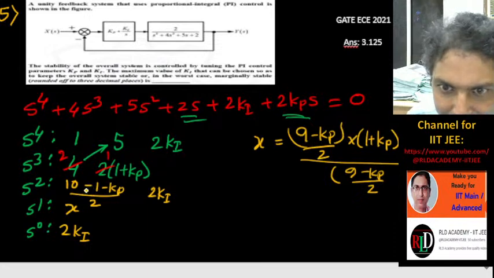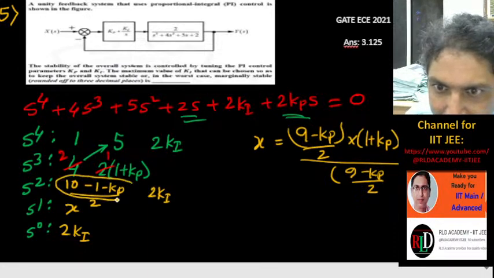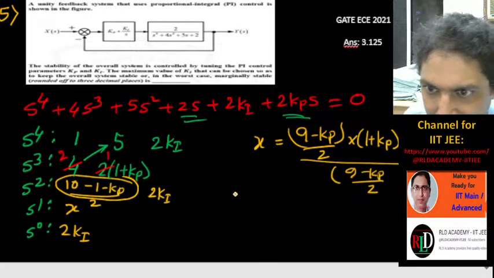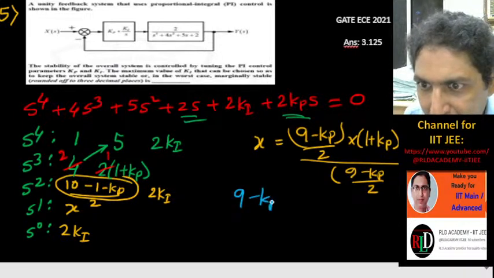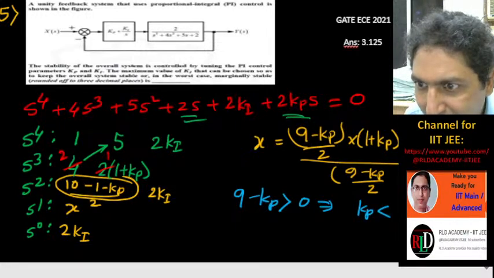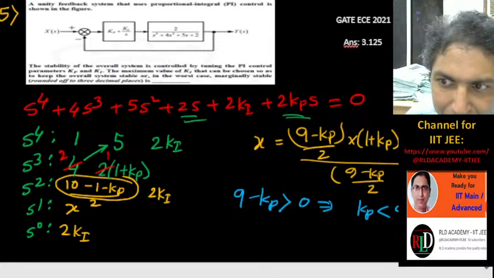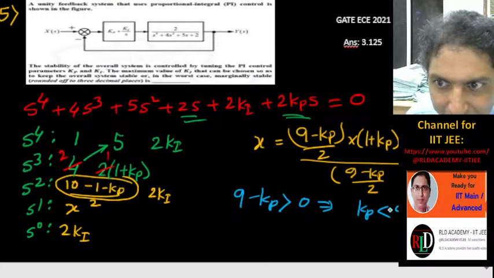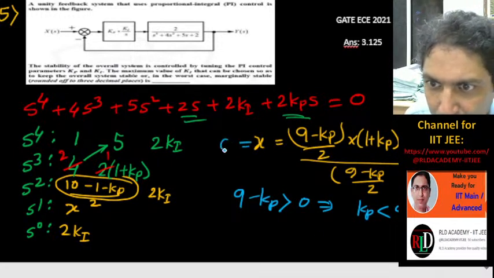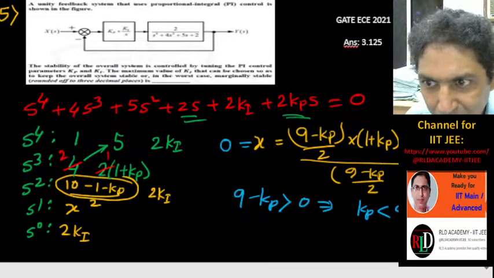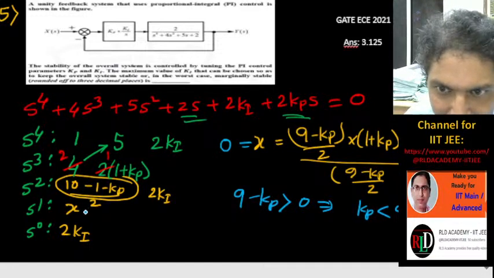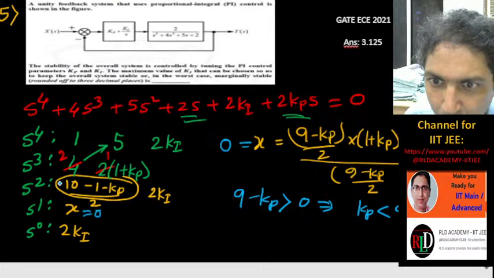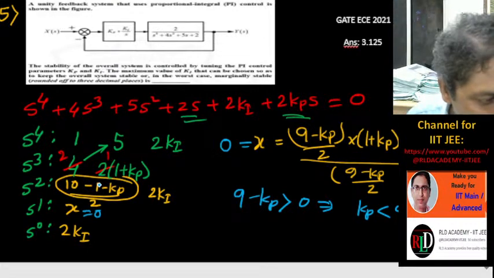And this element becomes 9 minus Kp, so one condition is that 9 minus Kp should be positive. That implies Kp should be less than 9. And next, this one I will put equal to 0, because then only it will be marginally stable. I think you are getting the point. If this becomes 0, we will get the auxiliary equation above.